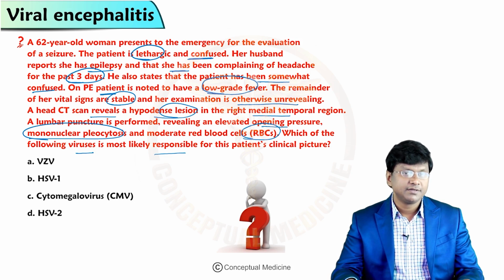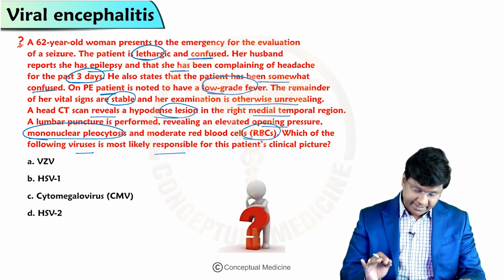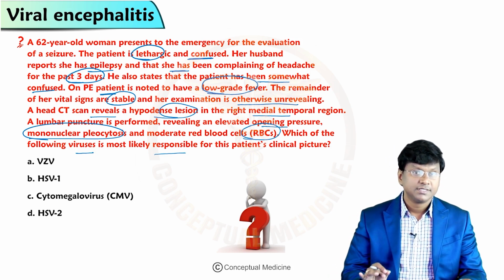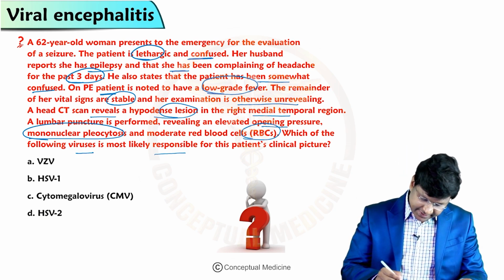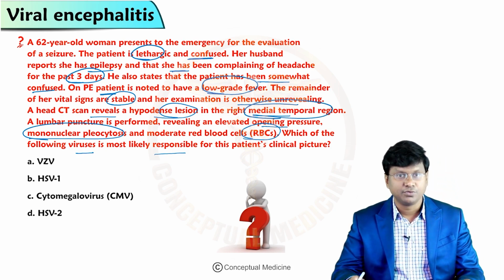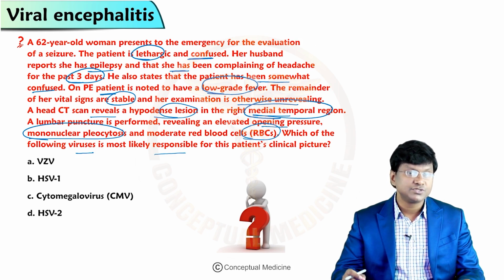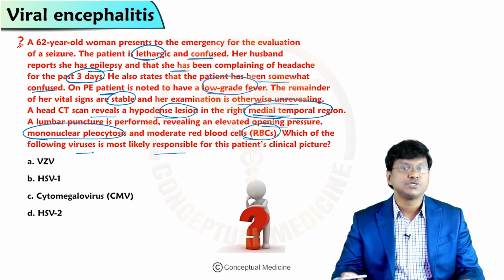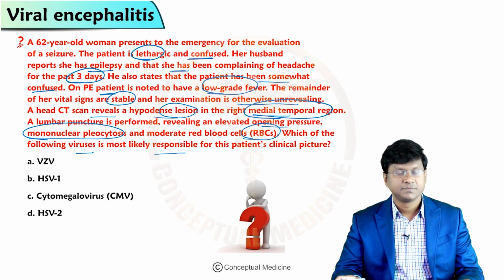So here the individual is having focal manifestations. The CT scan is showing abnormality within the temporal lobe, and along with that the individual is having fever, headache, confusion, and seizures.